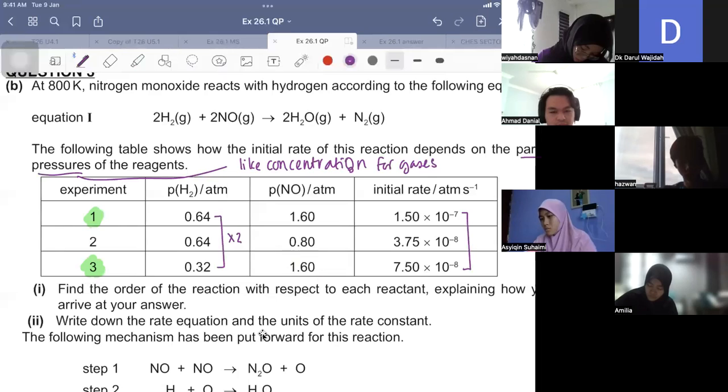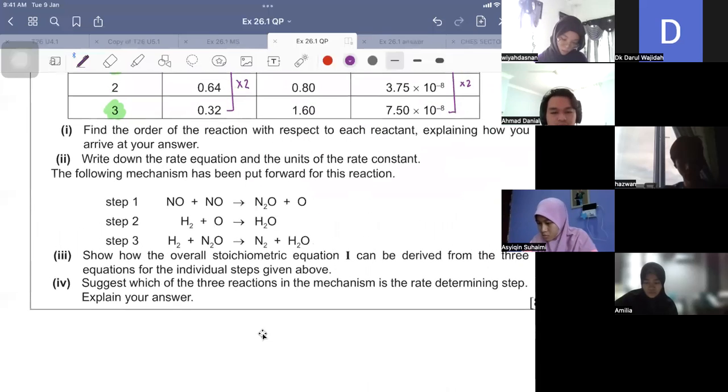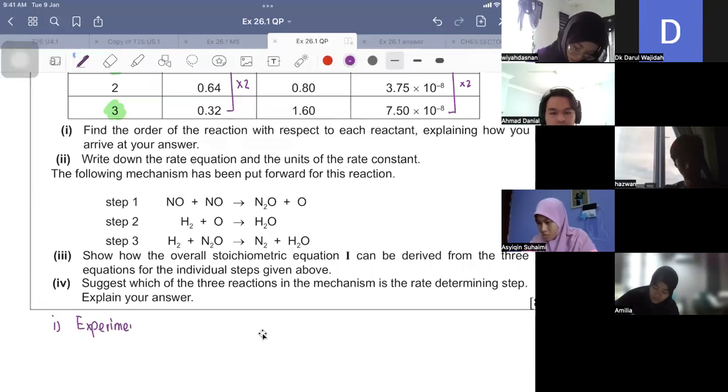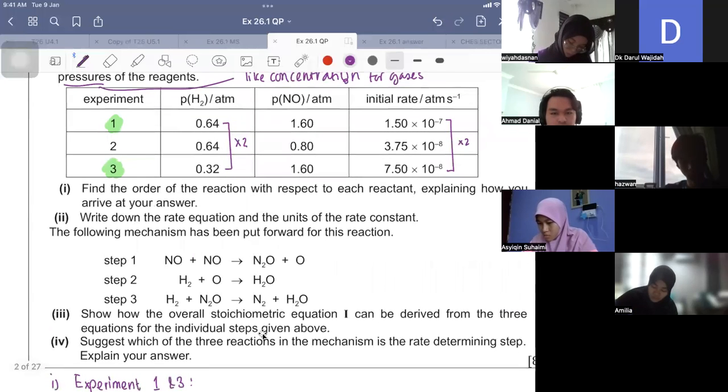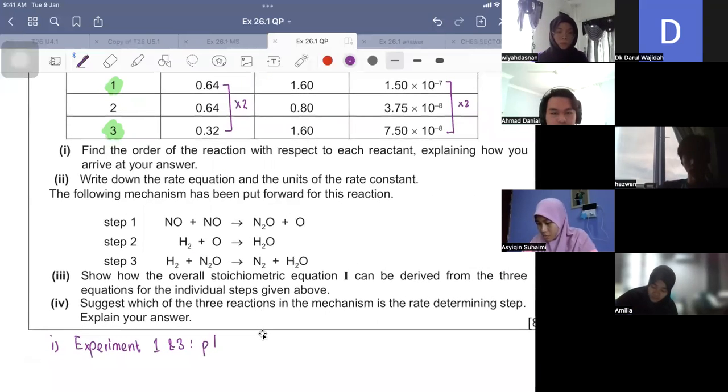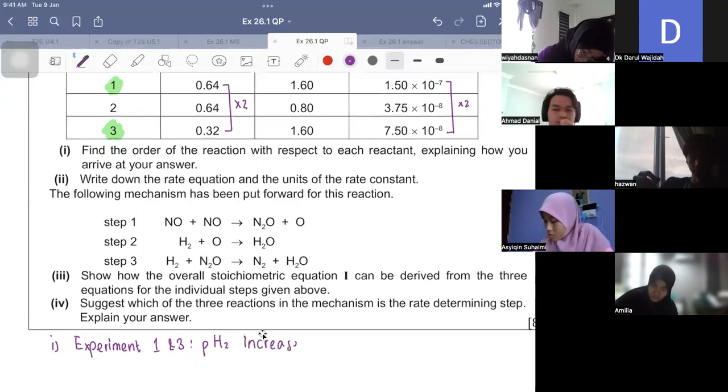So that's also an increase of 2, right? So if you're already an expert, you don't need the long working. So we will say experiment 1 and 3, the partial pressure of hydrogen increases by a factor of 2.